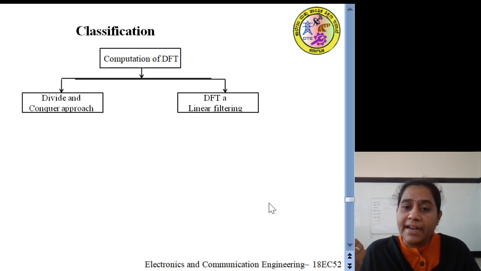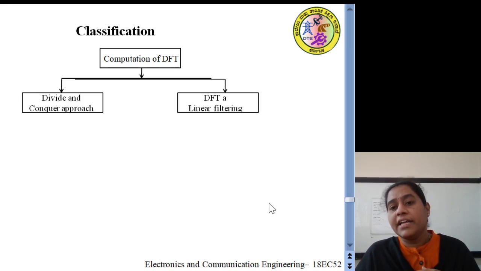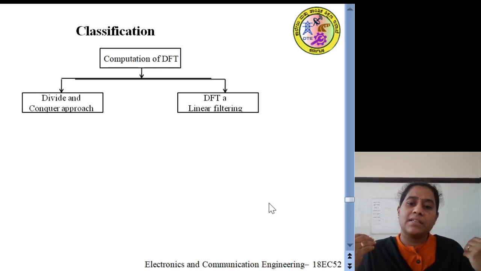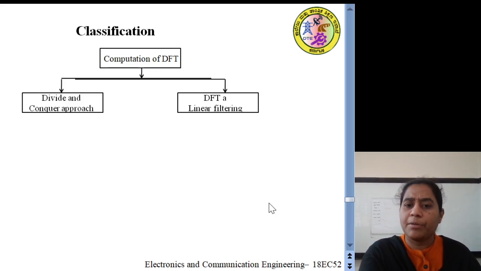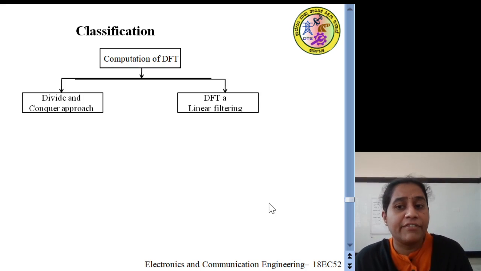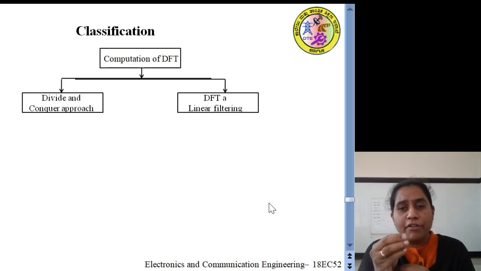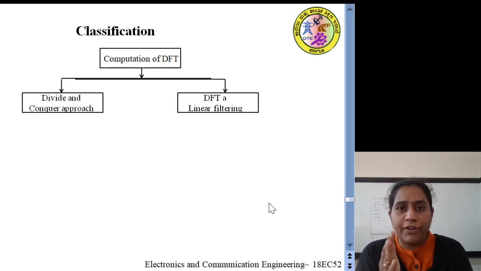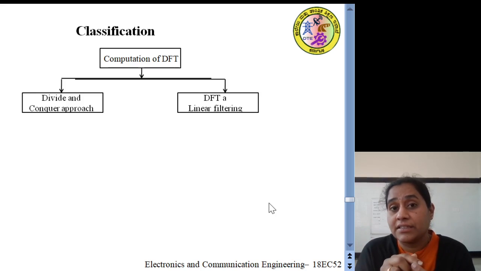One is the divide and conquer approach and the other is DFT as a linear filtering. Let us consider the divide and conquer approach later. First we consider DFT as a linear filtering. Here, if we want to find the DFT at only certain points, for example for an n point DFT with n equal to 8, if we require only the 6th point value, that means x of 6, then we have to find a particular point value.